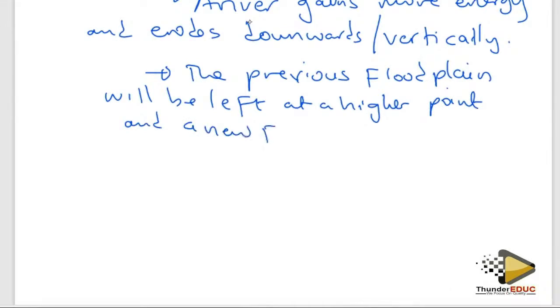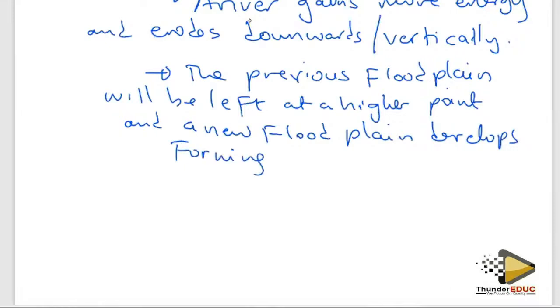And a new floodplain develops, forming terraces.